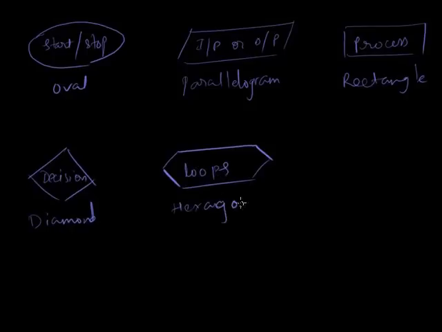For now, remember that a hexagon is used to represent loops. Loops are nothing but a part of a program where some statements are executed again and again. We'll study what loops are in later lectures. But for now, remember that loops are represented using a hexagon.